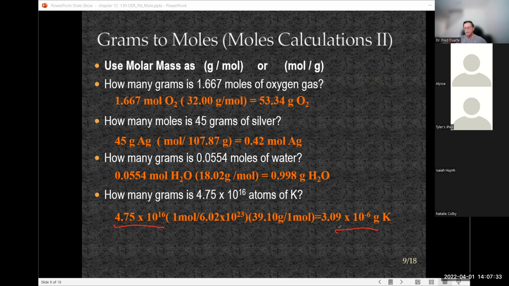Most of the balances in the lab, at least the ones in Chem 130, can only go to 4 decimal points. So we could not even weigh that amount with the balances that we normally have in the lab. Pretty small. So that small weight amount has a vast number of atoms of potassium. Again, to help you with the perspective as to the size of these atoms.